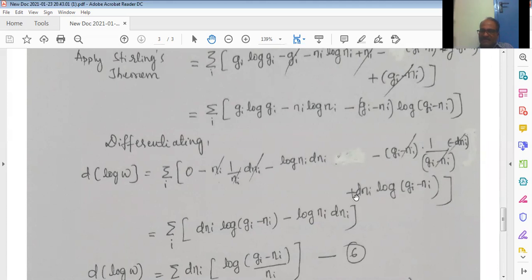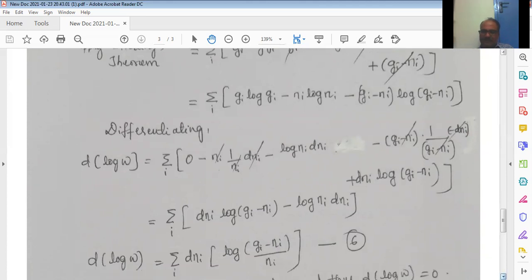Next, plus dNi. Here the log of Gi minus Ni is kept as it is, and we are differentiating Gi minus Ni. So differentiation of this gives plus dNi, because differentiation of Gi is 0, and only the differentiation of Ni becomes dNi, and minus into minus is plus. So in this way, we differentiated the above equation.